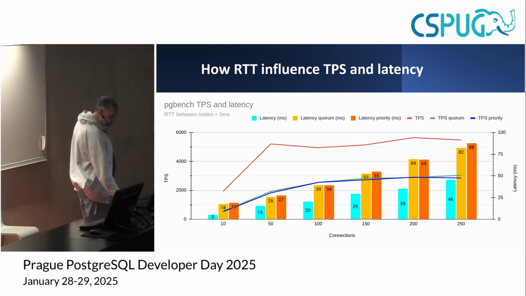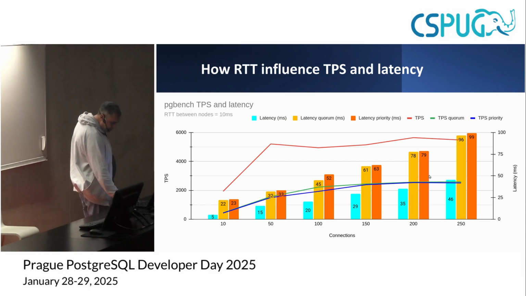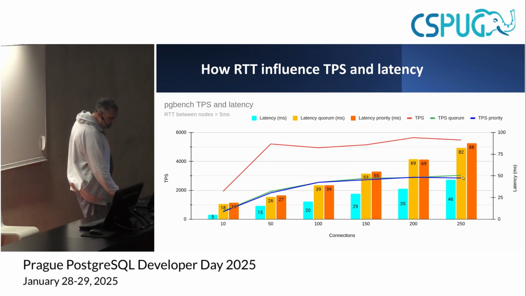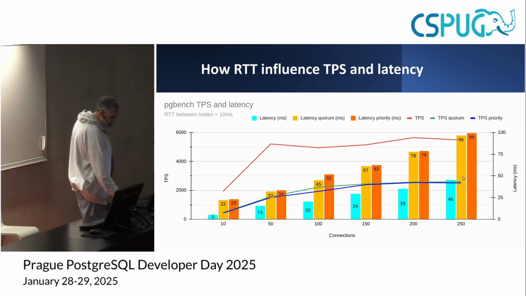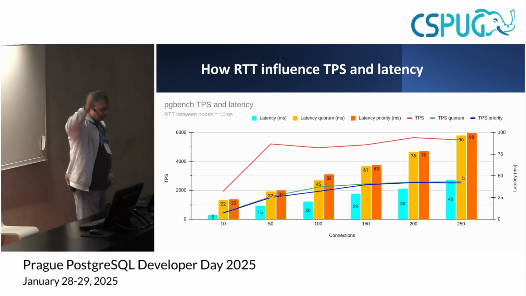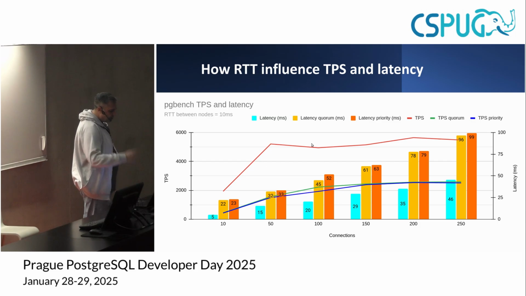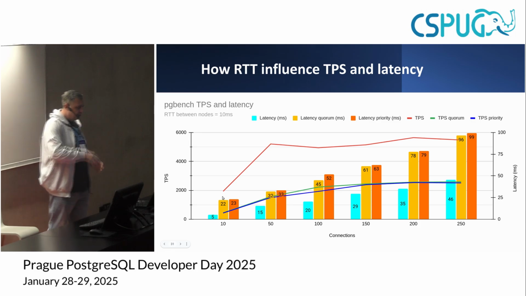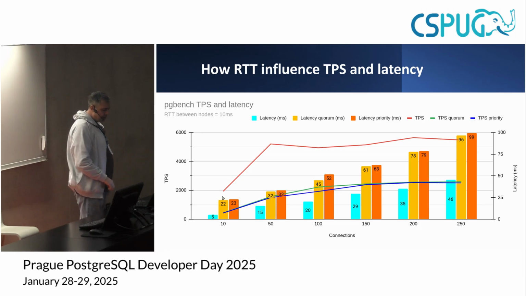But transactions per second, sorry, became a little bit smaller. When we increase latency even further, the round trip between nodes, then the latency of transactions on the primary grows further up.